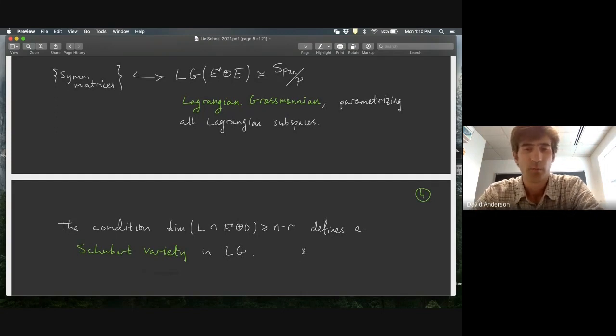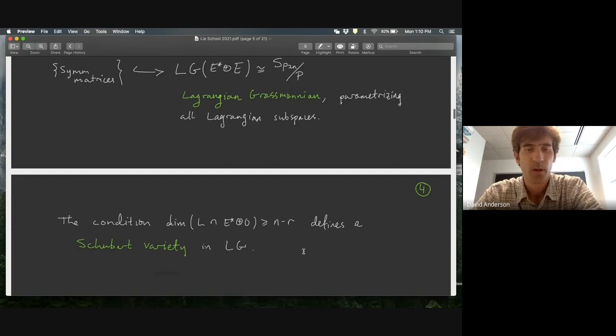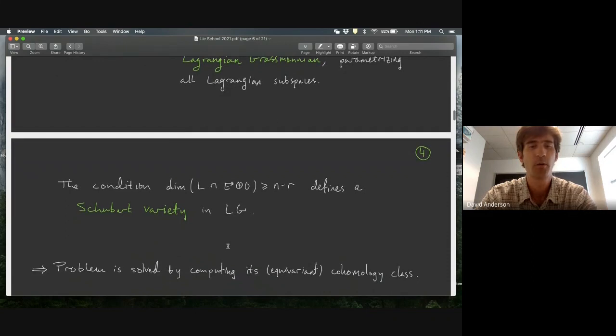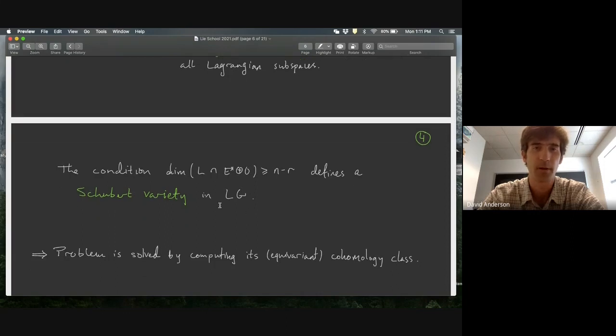So in broad terms, the original problem I've translated from something about imposing determinantal-like conditions on matrices to looking at certain subvarieties of this Lagrangian Grassmannian. And in particular, you can solve that problem of how many quadratic forms have at most rank r by computing the equivariant cohomology class of this particular Schubert variety in the Lagrangian Grassmannian.